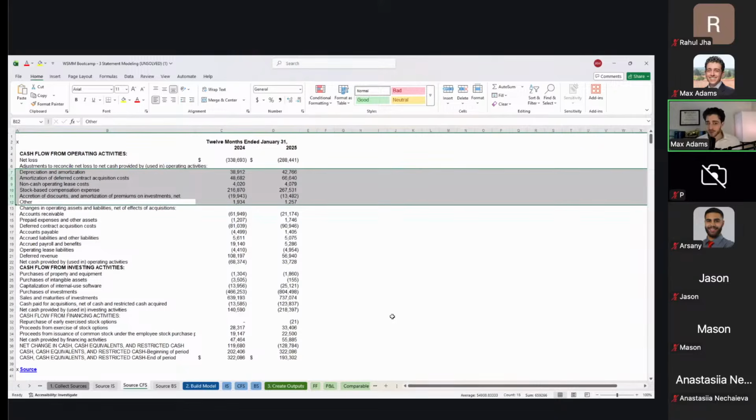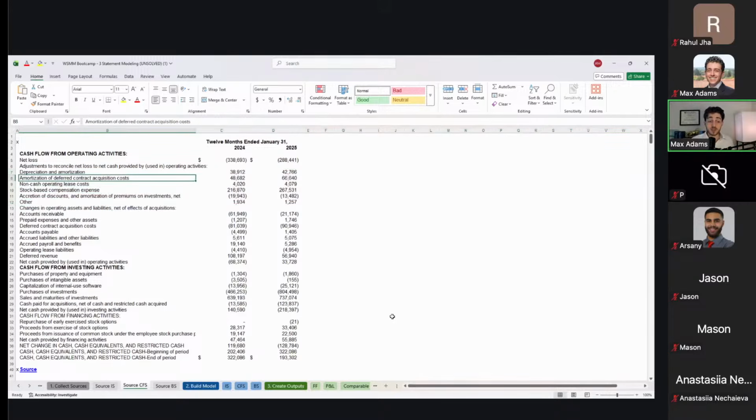If any of you are freaking out a little bit right now, I remember I was too the first time I built a model. You talk about it in theory, and it's like, oh, cash flow from operations includes inventory, net working capital, depreciation. But in reality, as you can see, it gets a lot more complex than that. There's random things like amortization of deferred contract acquisition costs, stock-based compensation expense, accretion of discounts, and amortization of premiums on investments.